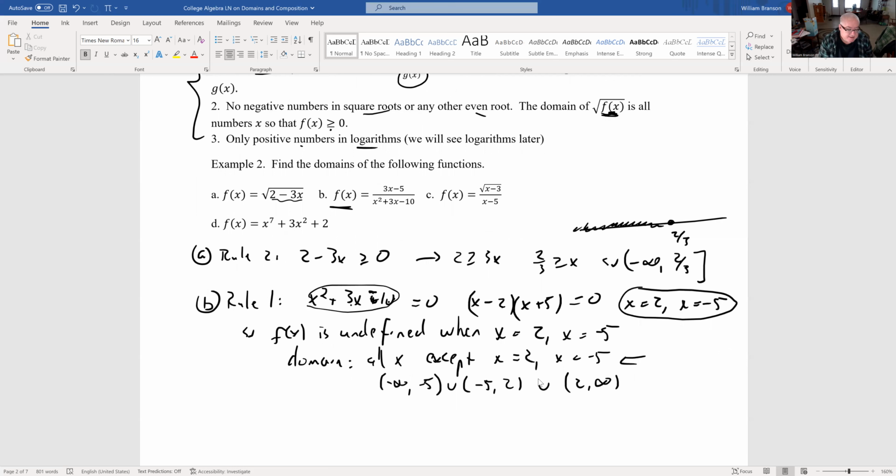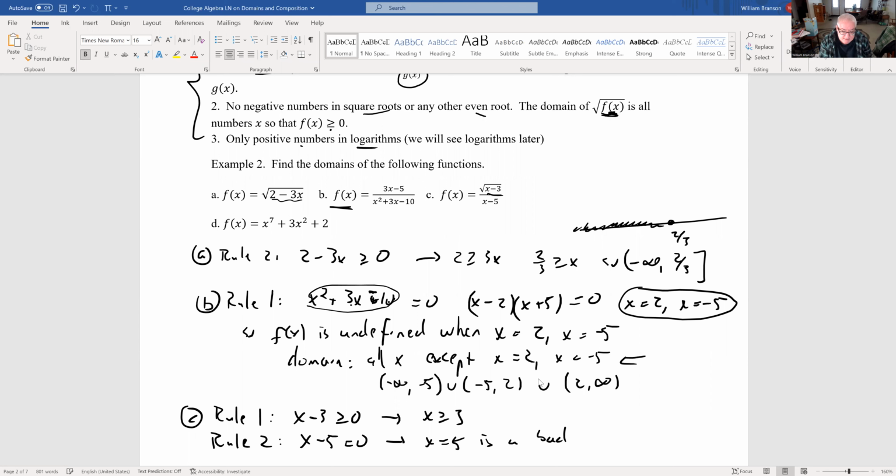What about C? Well, that involves both rule 1 and rule 2. You need x minus 3 greater than or equal to 0 because that's the thing inside a square root. And so that means I need x bigger than or equal to 3. And then rule 1 tells me that x minus 5 equals 0 is a bad point. So x equals 5 is a bad number.